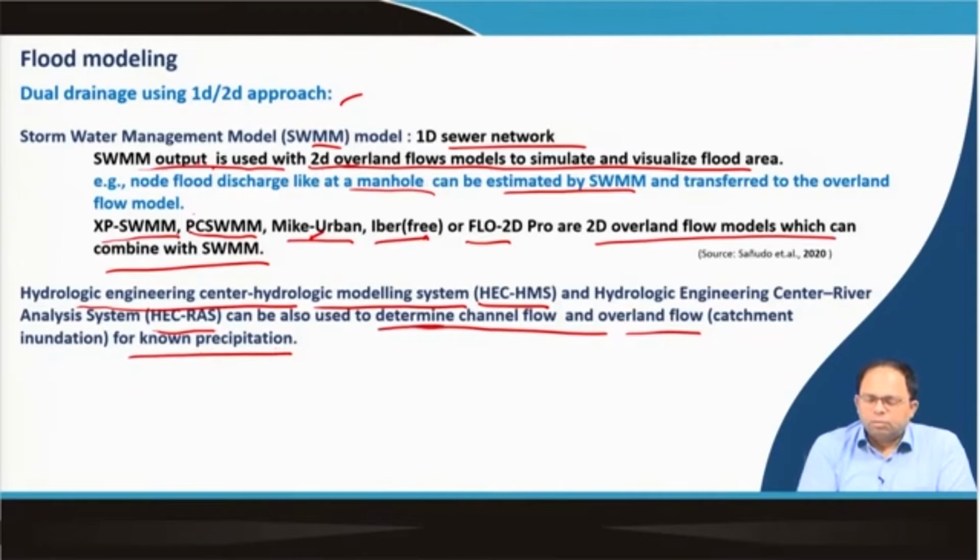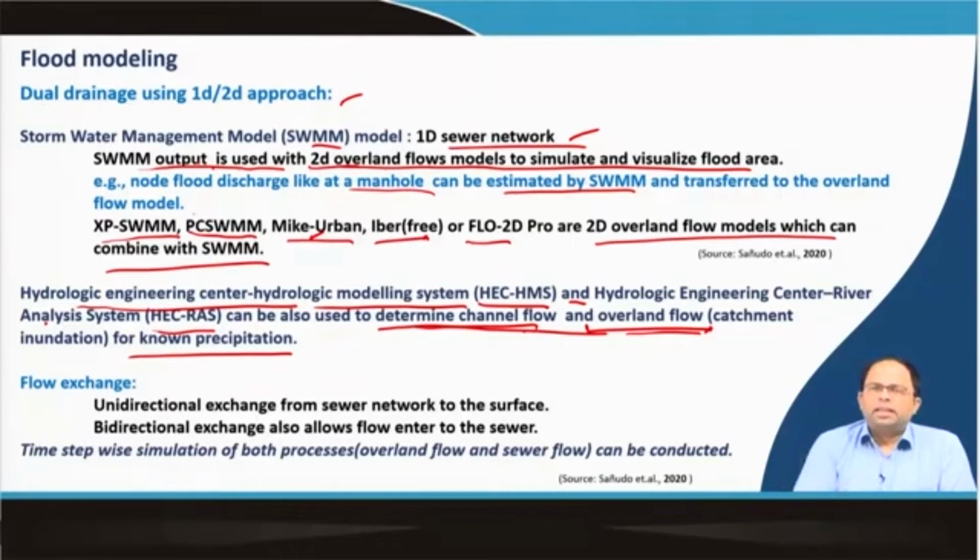So, both channel flow, that is 1D, as well as overland flow using 2D could be designed using these two software, which are also freely available. That is why I am showing you that these are the two free software available, using which we can model floods. But if I want to do the 1D-1D approach, then SWMM is good enough.